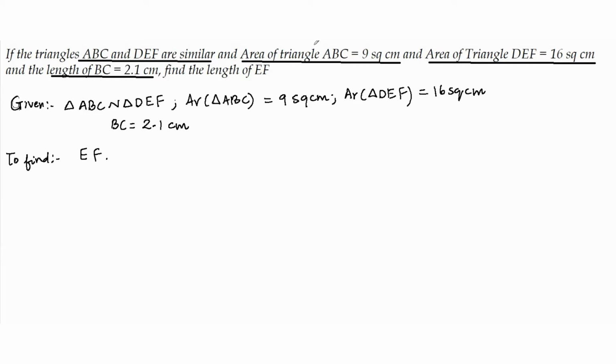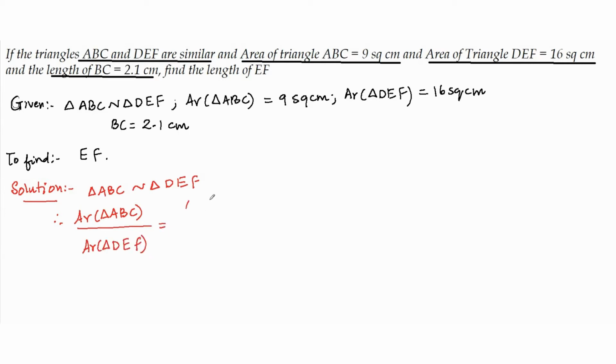So now based on what is given, the areas are given and the triangles are similar. So we know that when two triangles are similar, the ratio of their areas is equal to the square of the scaling factor, right? So I know that triangle ABC is similar to triangle DEF, and therefore what I can say is area of triangle ABC divided by area of triangle DEF, the ratio of their areas, is going to be equal to the square of the scaling factor.